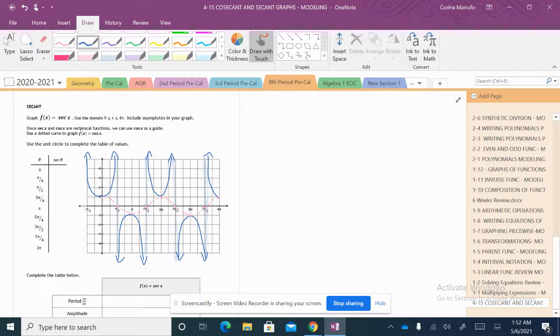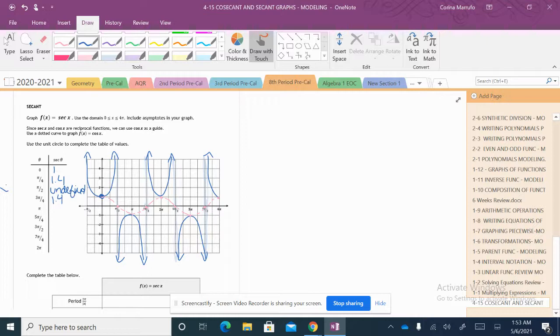Now, if we use the unit circle, remember the x values are cosine, so at 0 it should be 1, which you notice I already have there. At pi over 4, it should be 1.4. At pi over 2, it is undefined. At 3 pi over 4, it's going to give me 1.4.